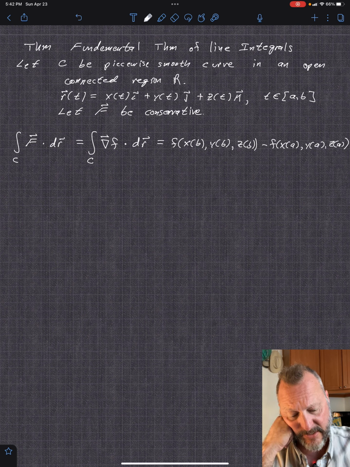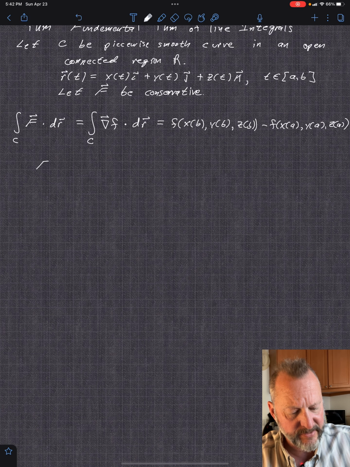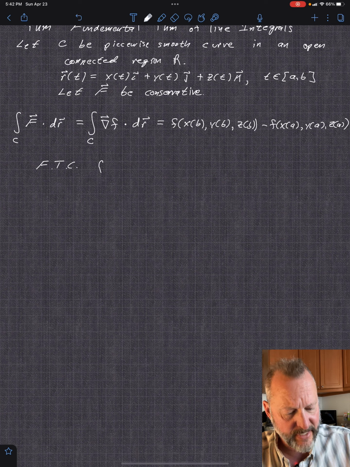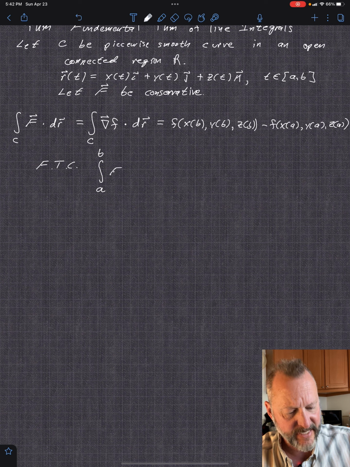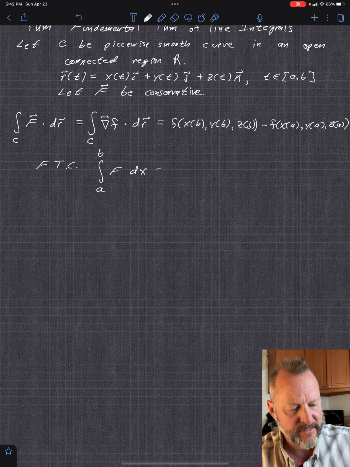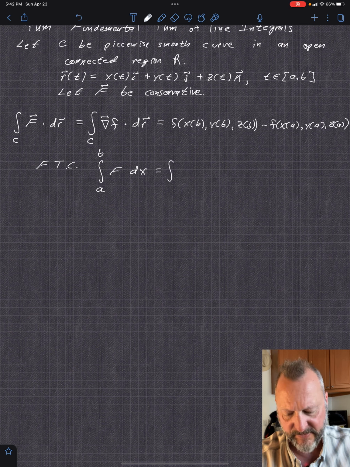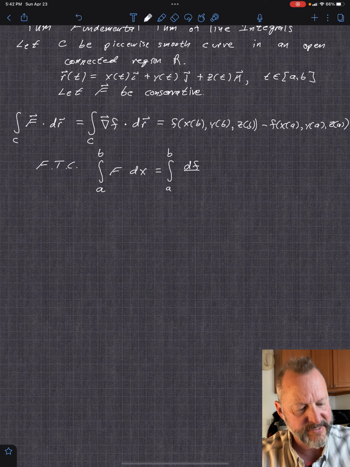So one of the concepts, like if it was just x, the fundamental theorem of calculus says basically if you go from a to b of f dx, and f is the antiderivative of f, then that's the integral from a to b of df dx.